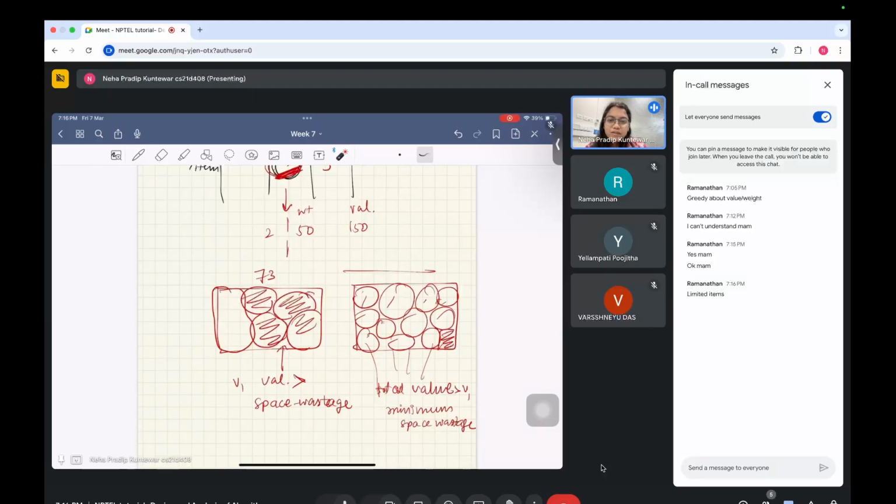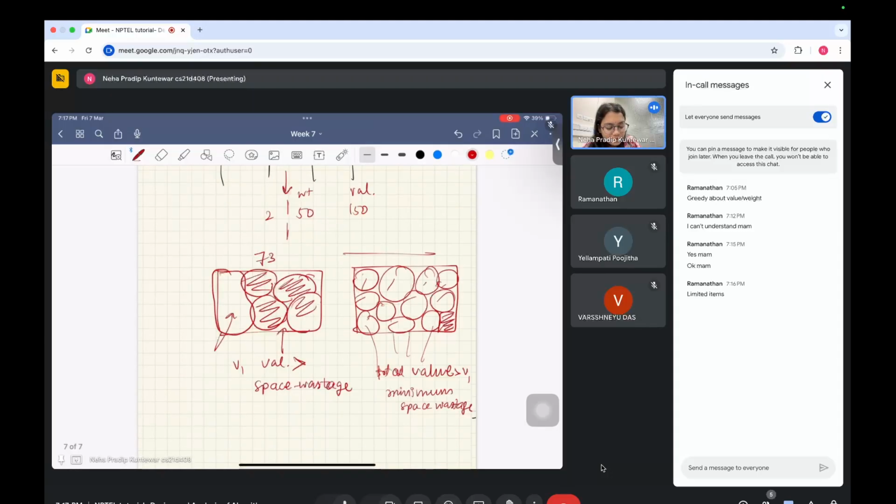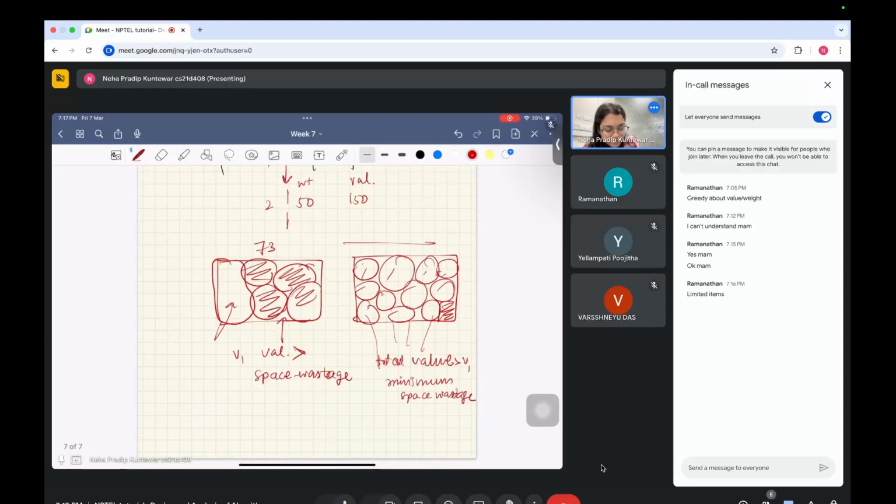You have unlimited items, but the problem is that you are allowing me to only take an integral number of them. I take an item, I take the whole of it, I can't take half of it. If I allow you to take a fractional item, then maybe this weight is like 10, and the weight of my most valuable item was 15.